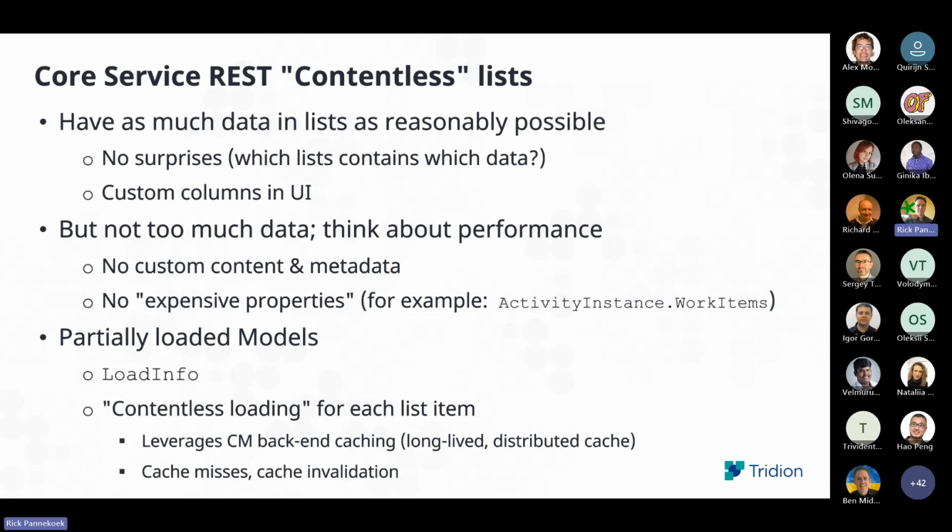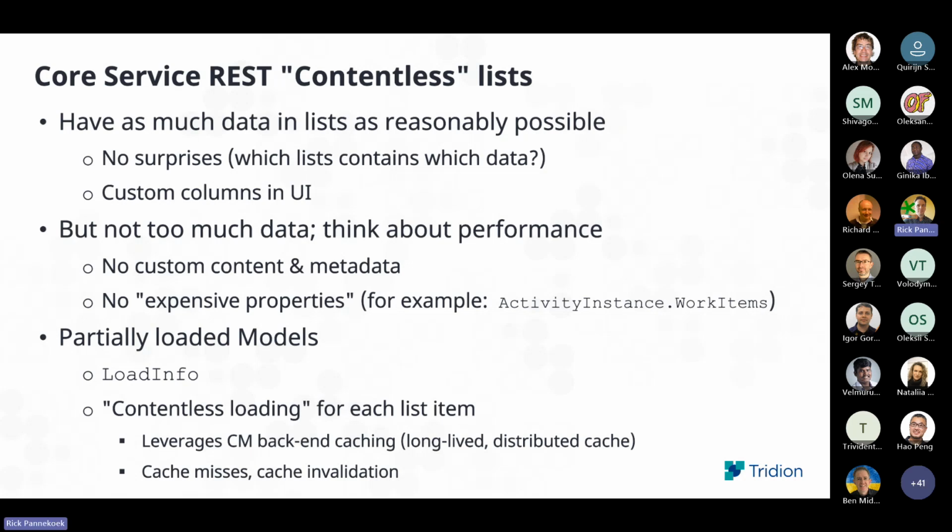We wanted to make it easier, without those surprises. It also enables us, in the UI of experience space, to have custom columns, so a user can choose to see a certain piece of data in their list. By ensuring we have as much data as possible in the underlying list, that becomes possible on all kinds of columns.